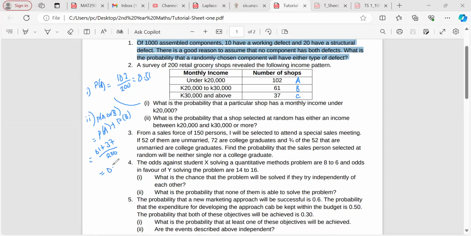So you get 0.49. Even if you separated them, 61 over 200 plus 37 over 200 is the same because I have the common denominator 200. So that was just an easy question there. I hope we picked the concept.